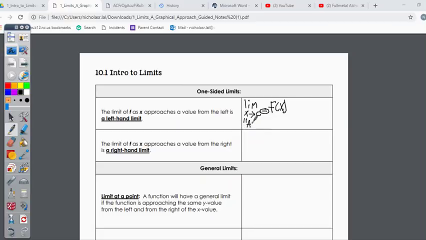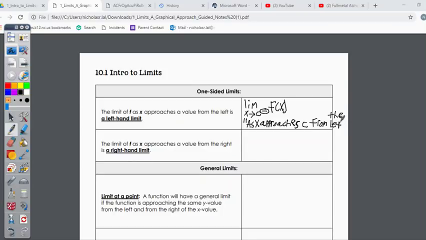As x approaches c from the left. I need to get better at writing.